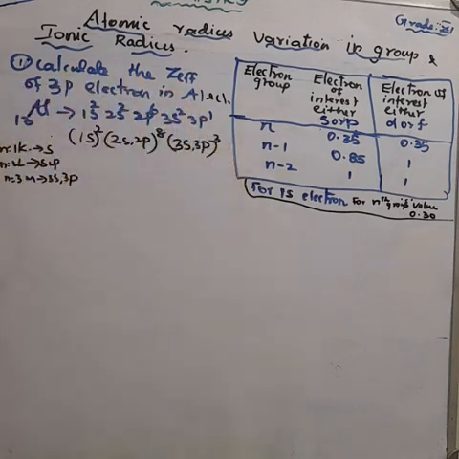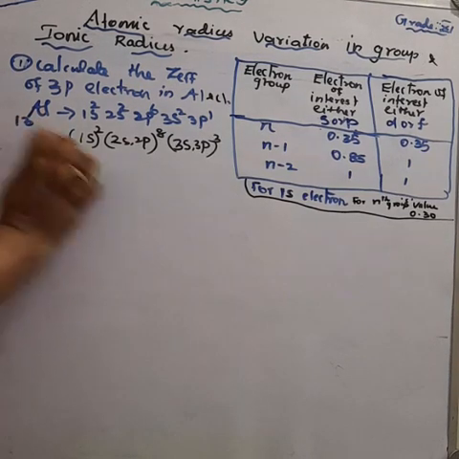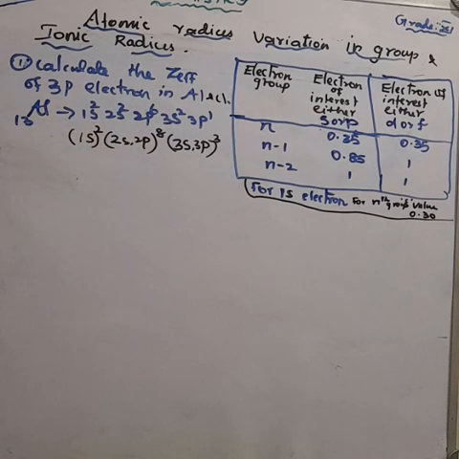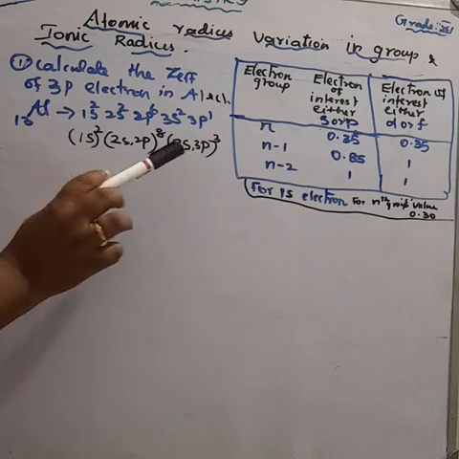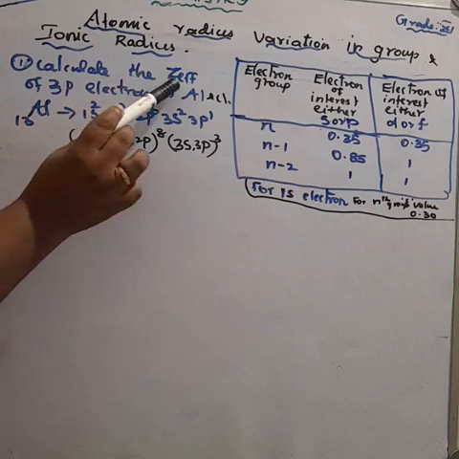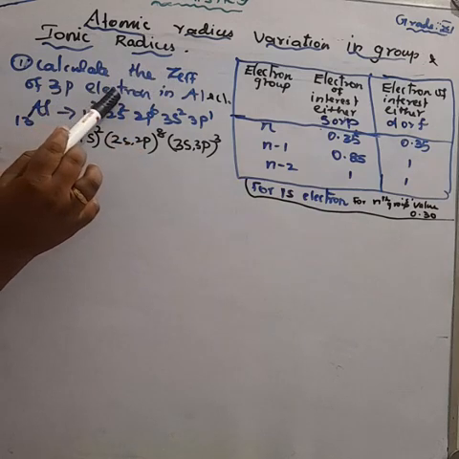According to Slater's rule, what is the third step? We have to choose for which group of electrons we are going to calculate the effective nuclear charge. Our question is to calculate the effective nuclear charge on a 3p electron.